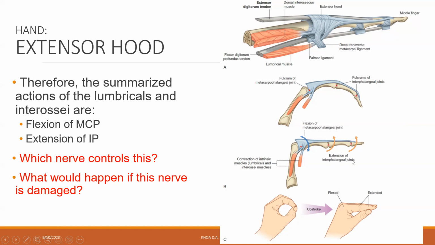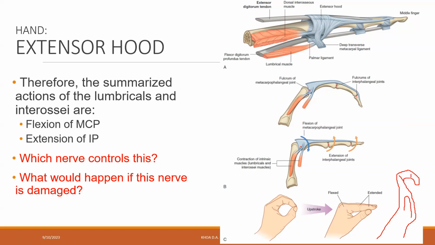Well, if the ulnar nerve is damaged, then the reverse of this motion is going to occur, isn't it? The reverse of this motion, what would that be? It would be the extension of this joint right here and the flexion of all of these joints right here, okay? So that is going to be the hand, like that.